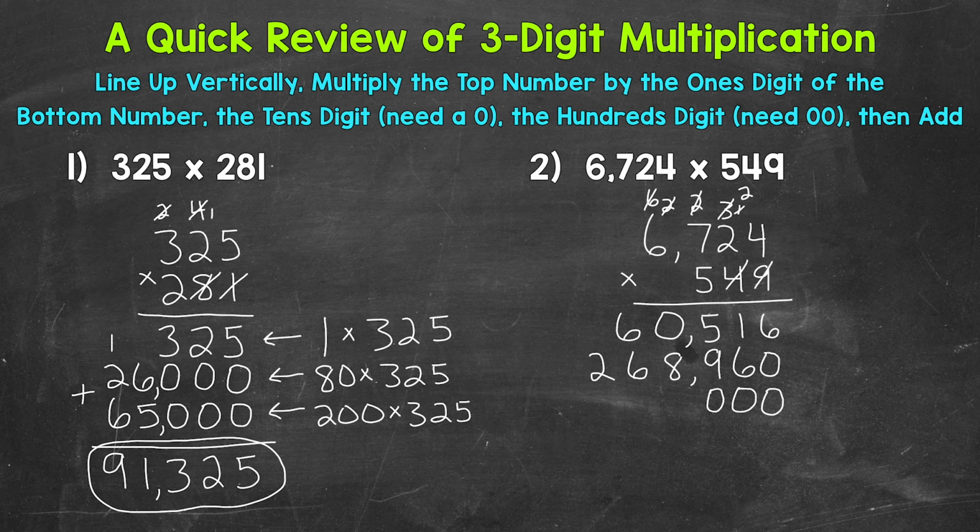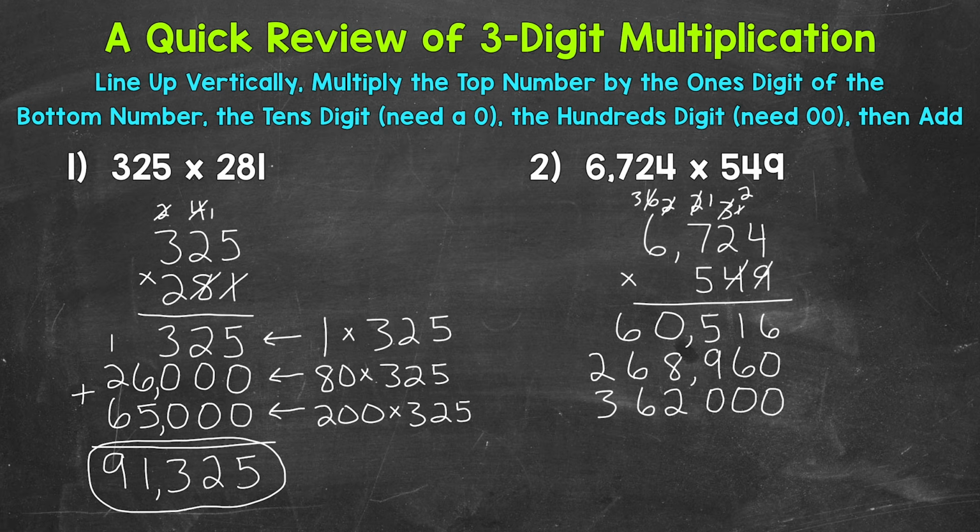Then we have 5 times 2, which is 10, plus the carried 2. That gives us 12. Then we have 5 times 7, which is 35, plus the carried 1 is 36. Carry the 3, and then we have 5 times 6, which is 30, plus that carried 3 is 33.